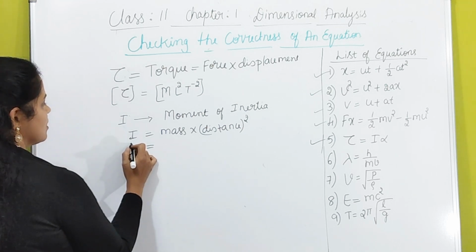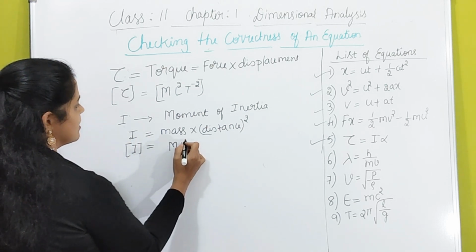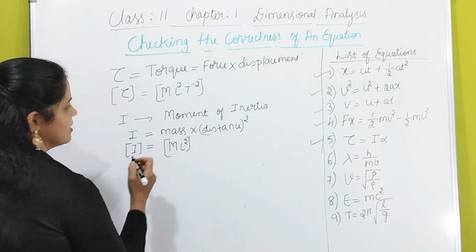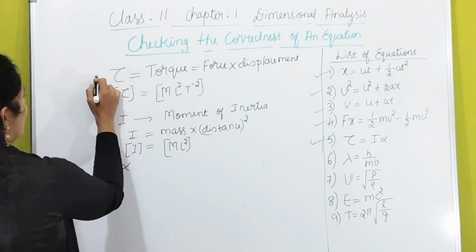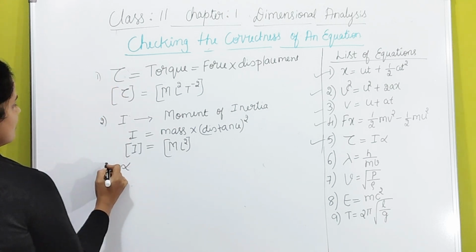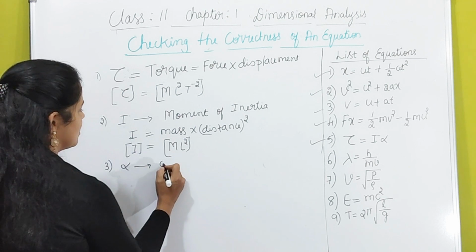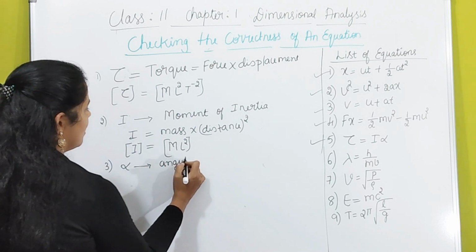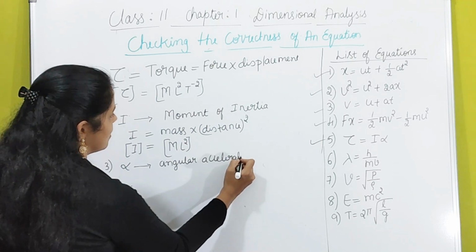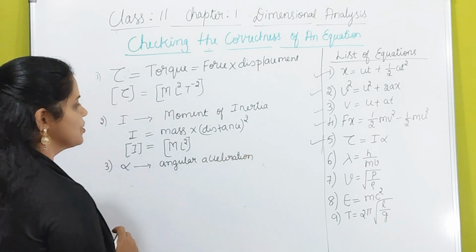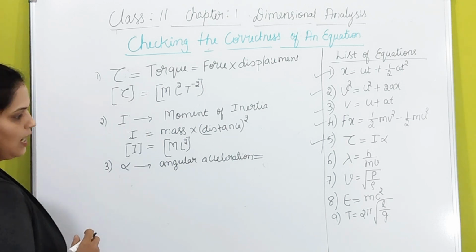So what is the dimensional formula of I? Moment of inertia, M L square. And alpha is angular acceleration. We know that acceleration is displacement divided by the square of the time.